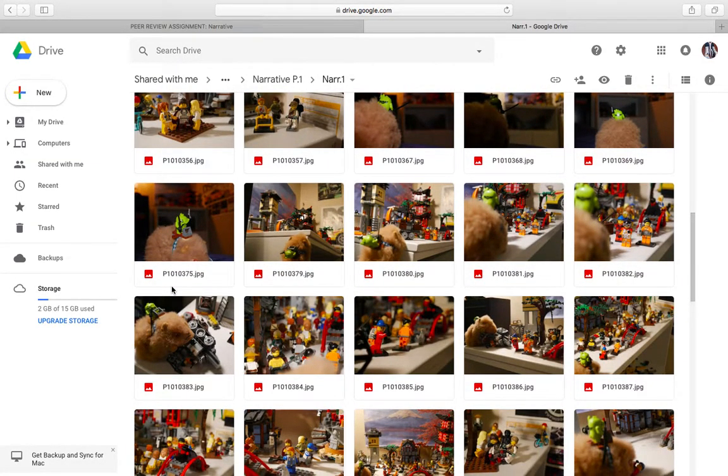What are the images about? What story is the artist trying to tell? So from this, I believe that the images are showing a scene of everyday life.